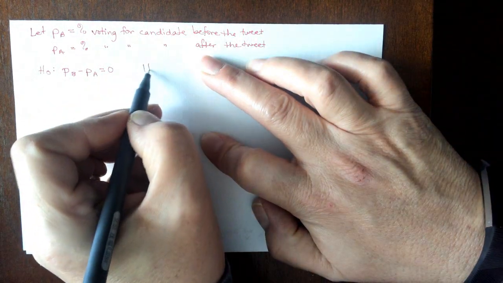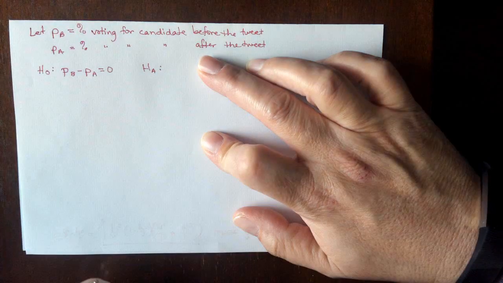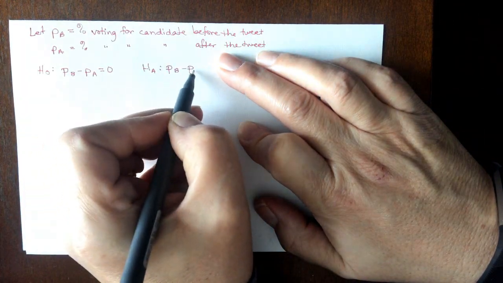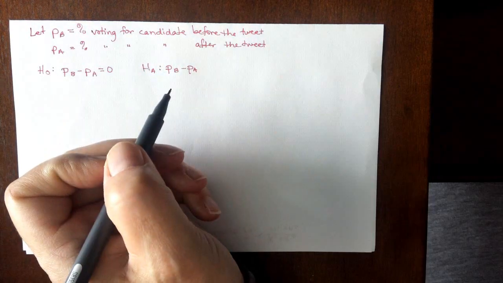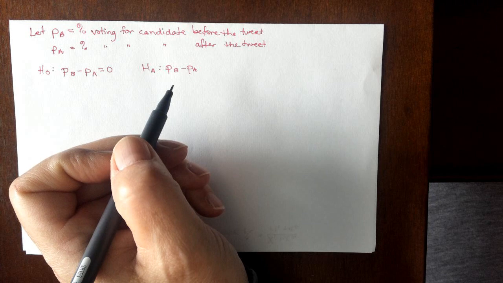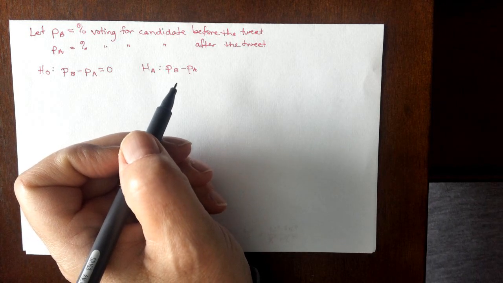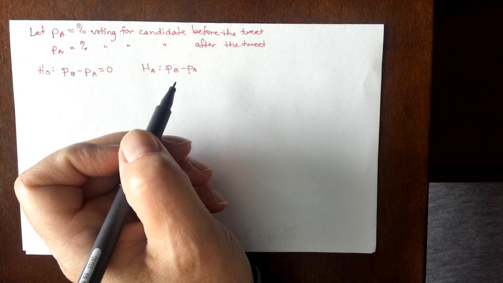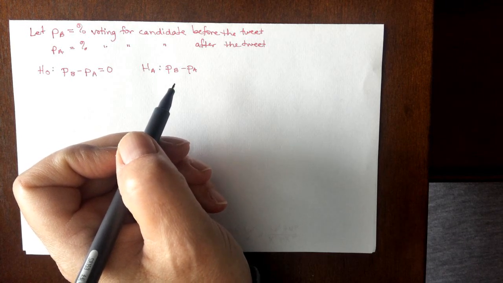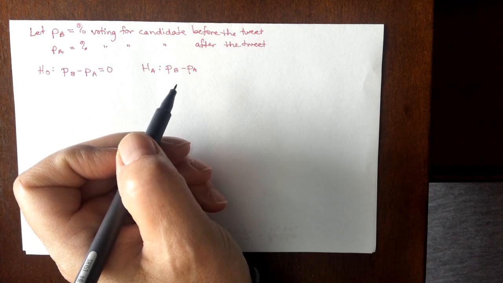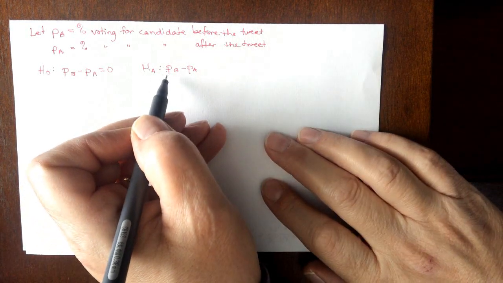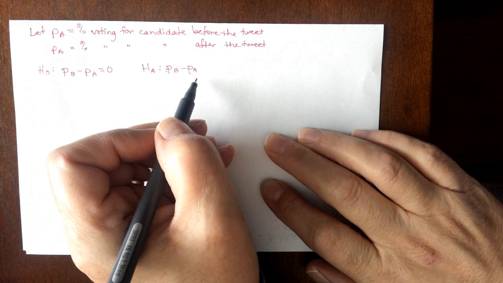On the other hand, the difference, P sub B minus P sub A, on the contrary, we are looking for evidence that the tweet has made people less likely to vote for him. So we're looking for evidence that the before proportion would be bigger than the after proportion.